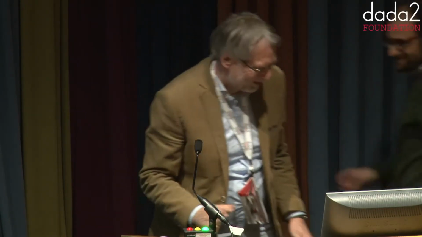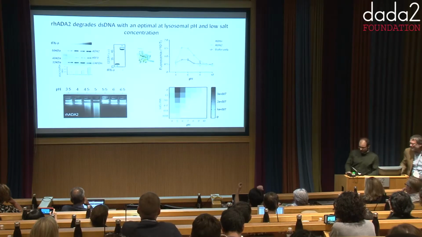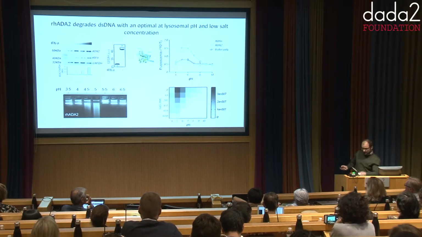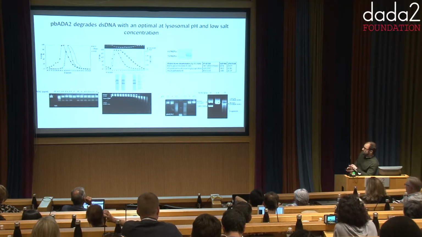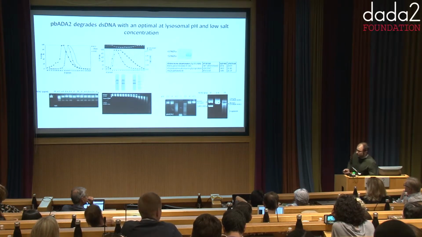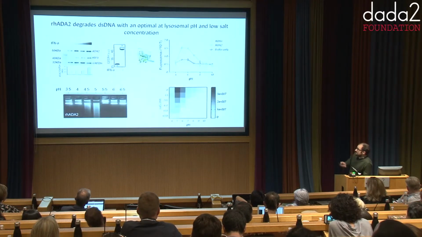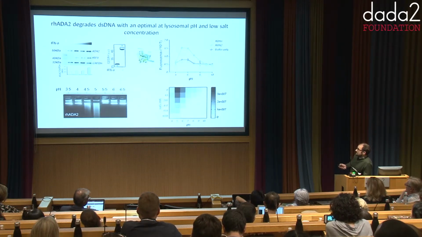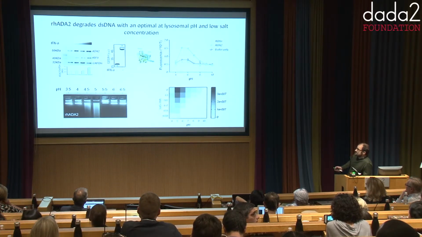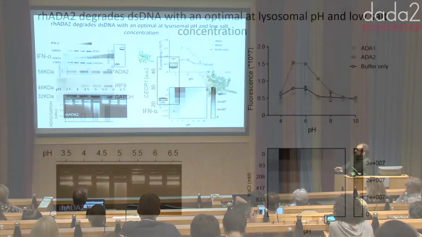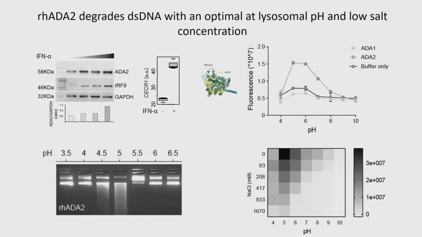I hope it's fine. Okay, so Ole, in the previous slides, showed you data about particular porcine brain ADA2. We wanted to confirm this data and further characterize the activity in human recombinant ADA2. Here is just to show you that ADA2 is actually upregulated by treatment with type 1 interferon alpha, in particular mRNA expression, and also protein level.